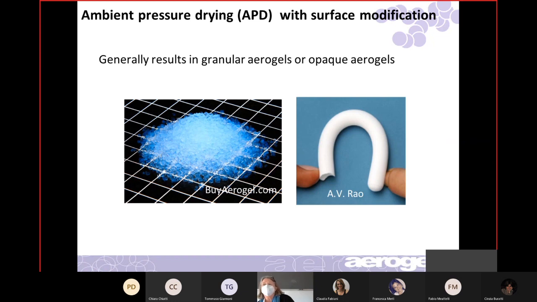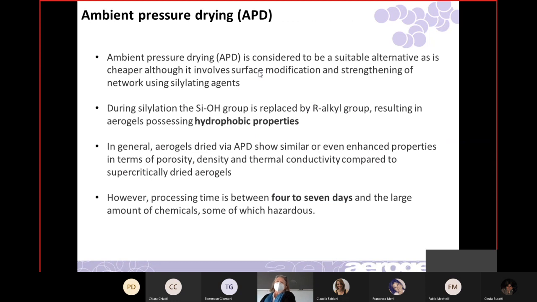The bendability of the aerogel made with the surfactants, is that a characteristic the aerogel has only with the surfactant production system? If you make it with supercritical drying... you could probably do that with supercritical.